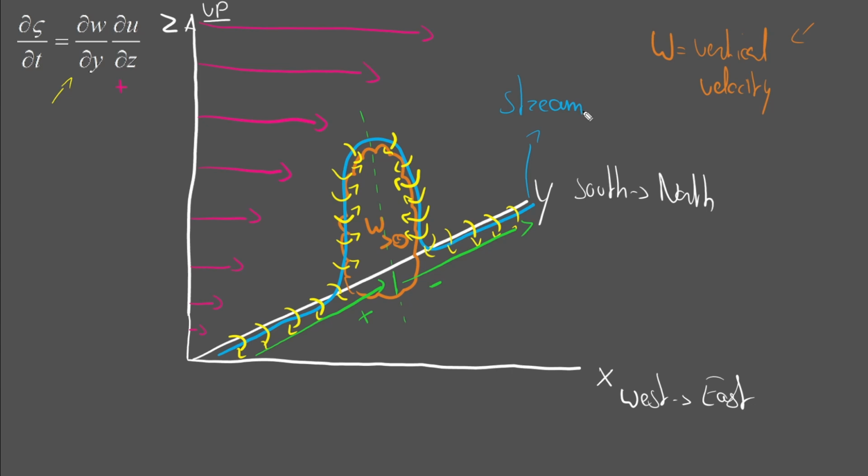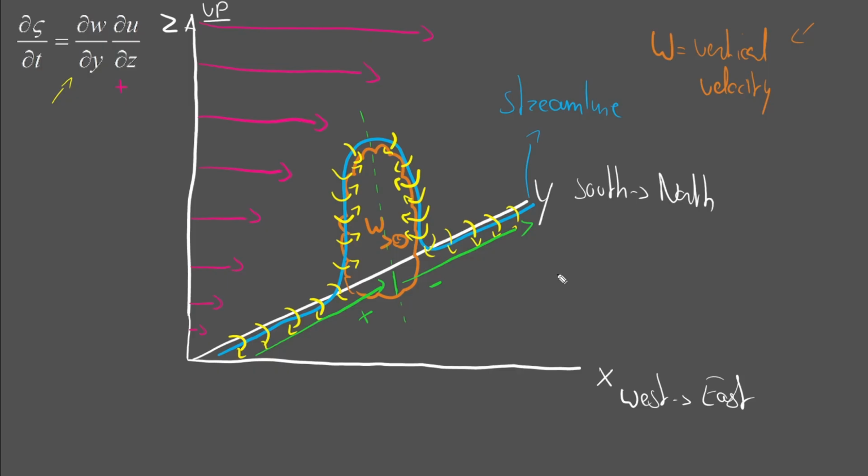A streamline you need to see as a line that never breaks or snaps. It always stays intact. And this is why the streamline stays intact throughout its whole trajectory here. So we're going to talk about that right now.